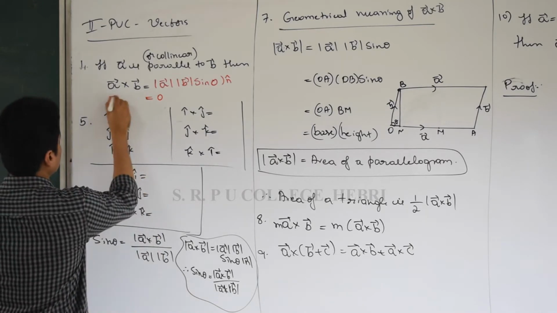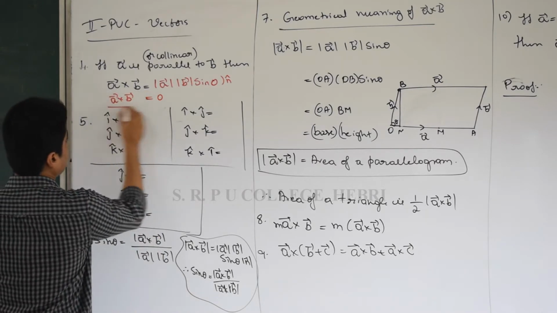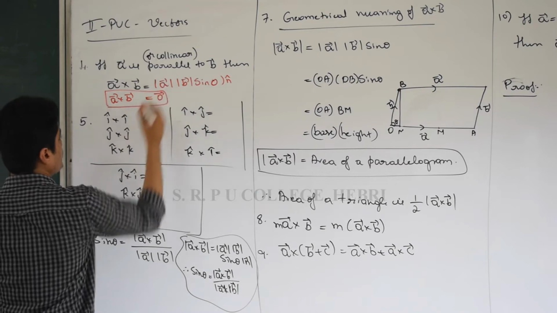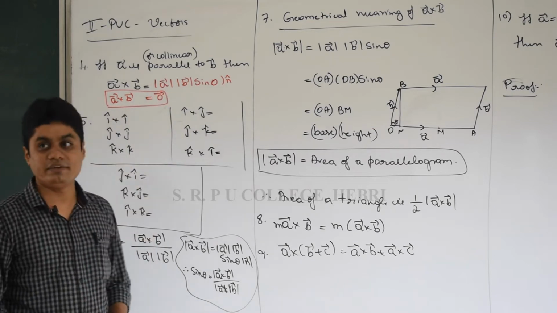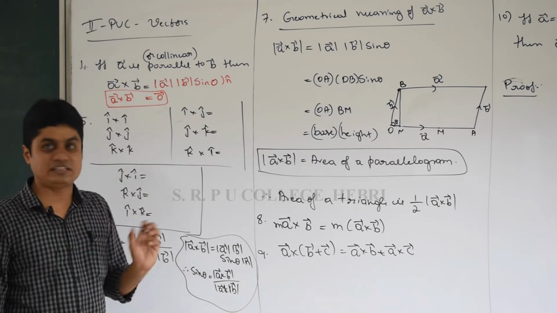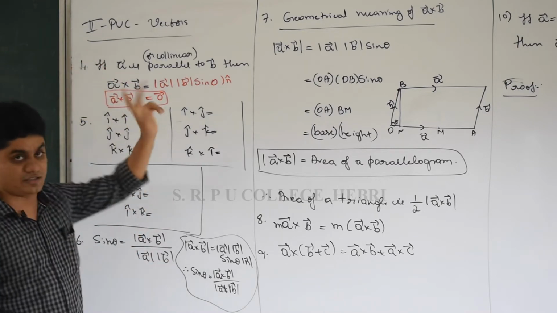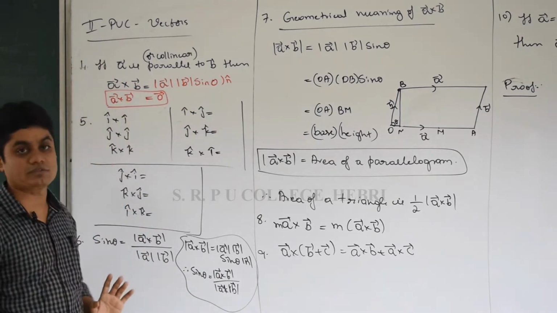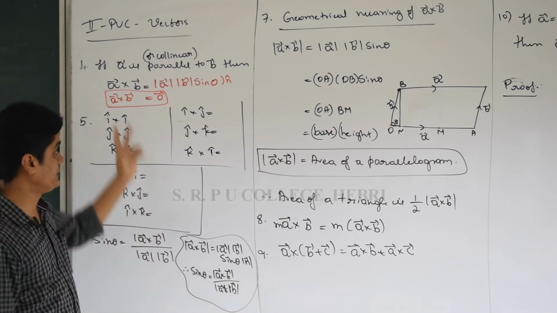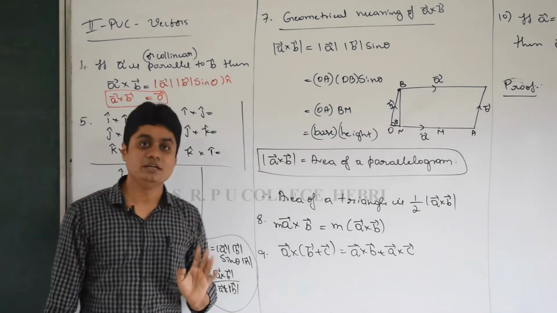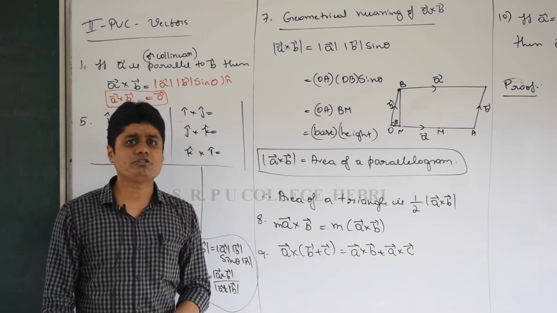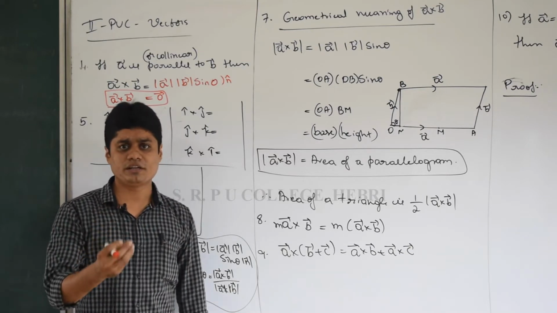So when two vectors are collinear or parallel, then the cross product between the two vectors is a zero vector. See, when you take cross product with itself, it is 0. When you take cross product of two collinear vectors or parallel vectors, then also the cross product will be 0. Please remember that. Suppose vector A is perpendicular to vector B, then there is no particular value.